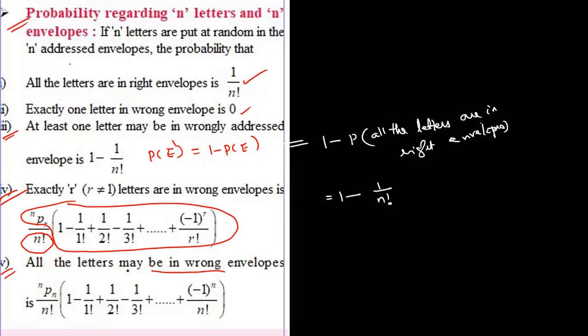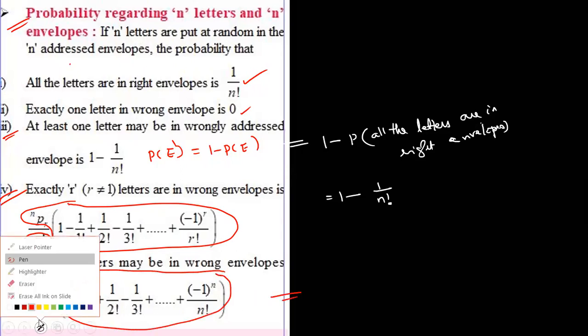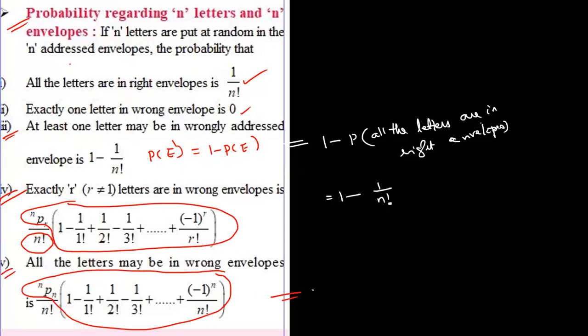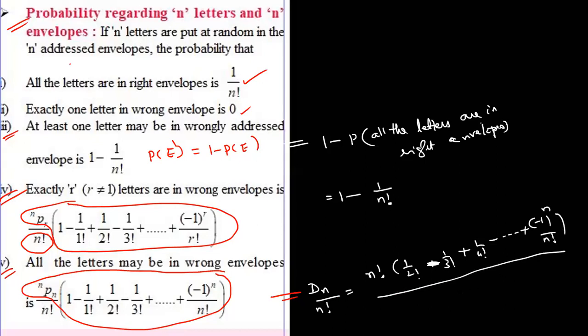What is this one? This is the favorable cases. What is the formula of favorable cases? Anyone? That is Dn. Dn means n factorial into 1 by 2 factorial minus 1 by 3 factorial, minus 1 whole power n by n factorial, whole divided by n factorial.